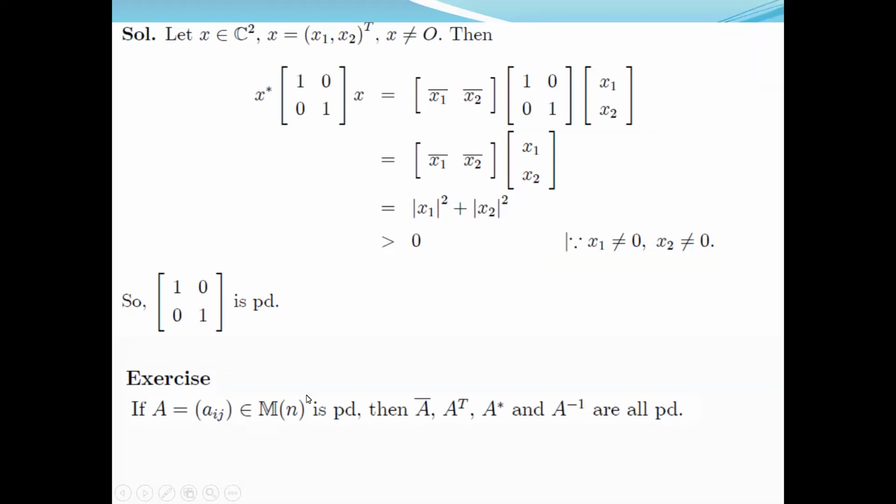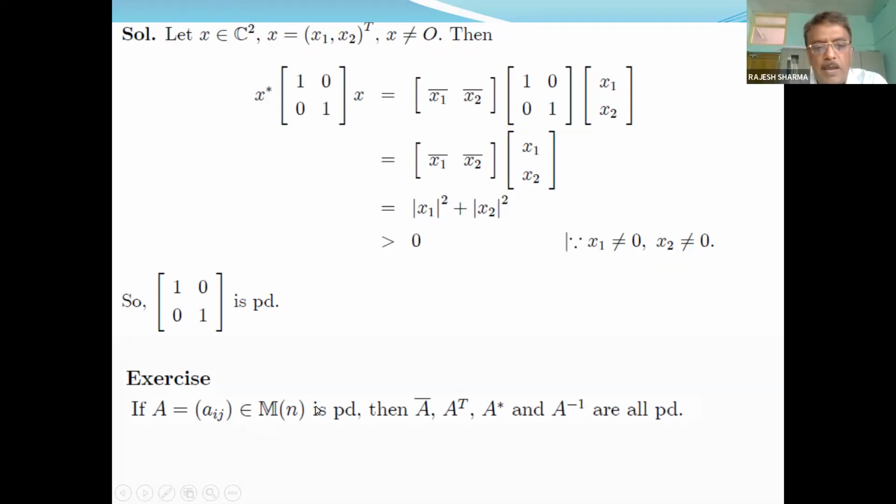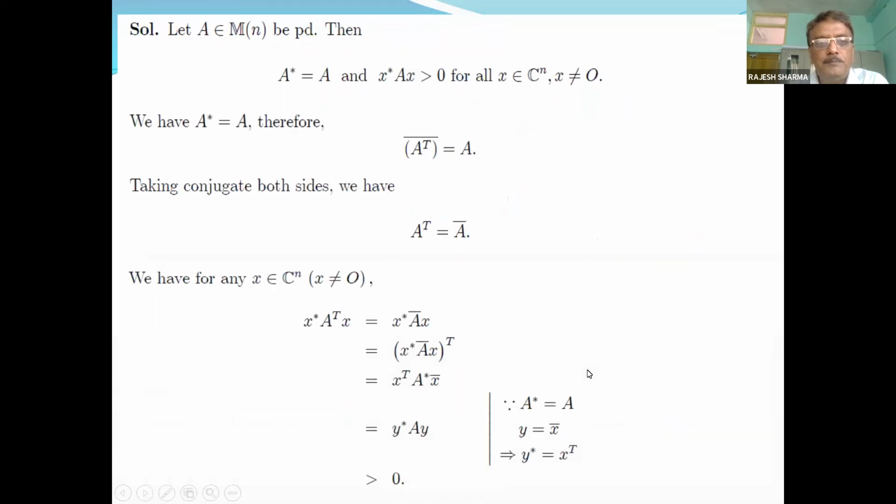Now this exercise: if A is a square matrix and is positive definite, then A conjugate, A transpose, A star, and A inverse are all positive definite. Take A to be positive definite, then A star is equal to A, because A is a Hermitian matrix.